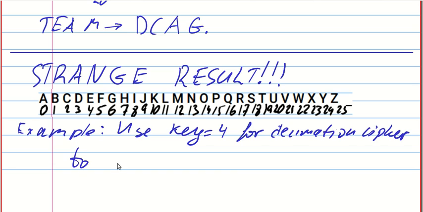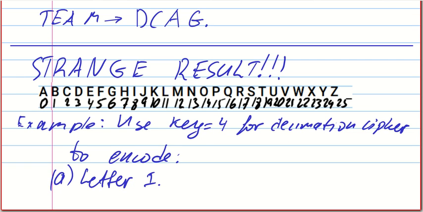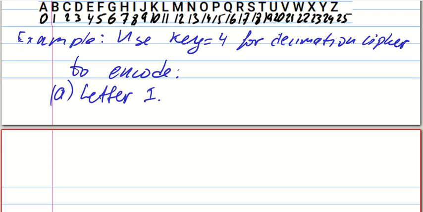To encode, and we'll have a couple of parts. Part A, letter I. So we'd like to encode letter I using the decimation cipher with key, maybe I should switch it and say K equals 4. All right.